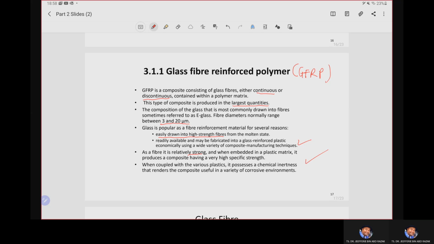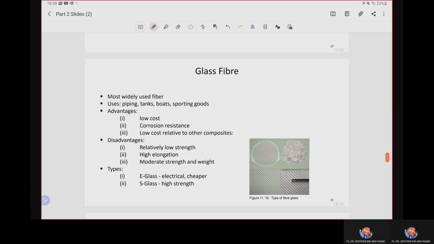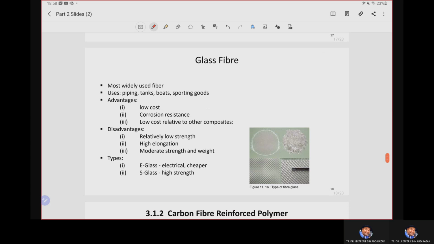Just to highlight some important points related to glass fibers for composite application. Again, this is the most widely used fiber as it possesses several benefits, like low cost and corrosion resistance. Normally, glass fiber is used for composite piping production, fiberglass tanks, boats, and sporting goods.